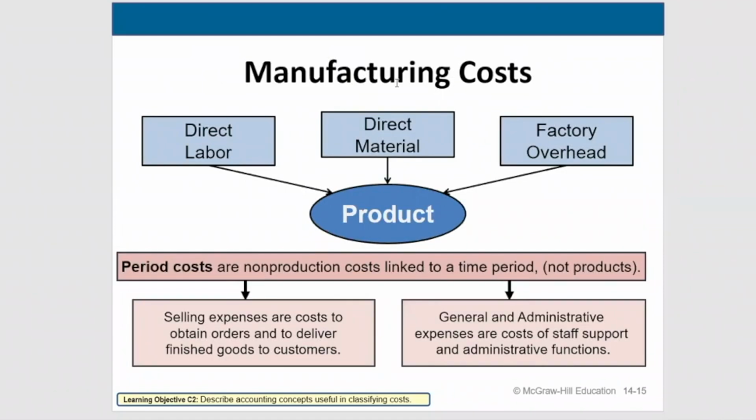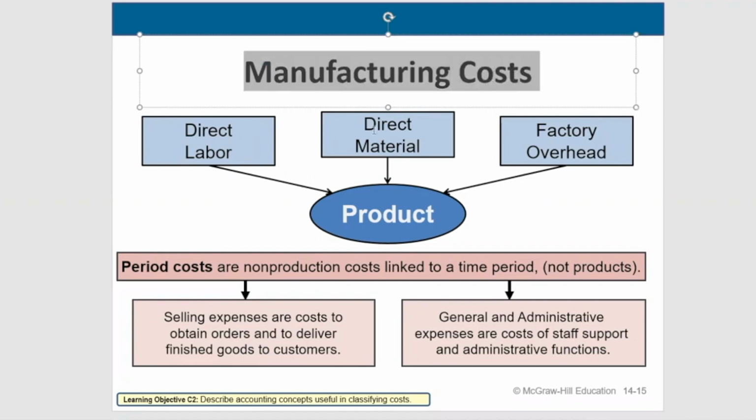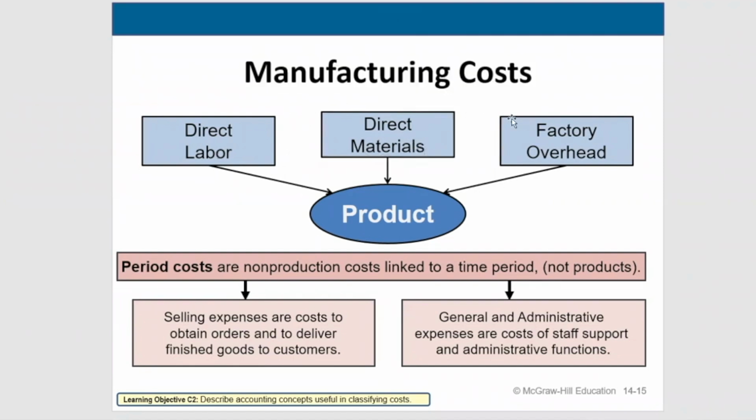What I want you to keep in mind is that the manufacturing costs include three categories. The three types of manufacturing costs are direct materials, direct labor, and factory overhead. Those are the costs that go into making the bicycle, the product.